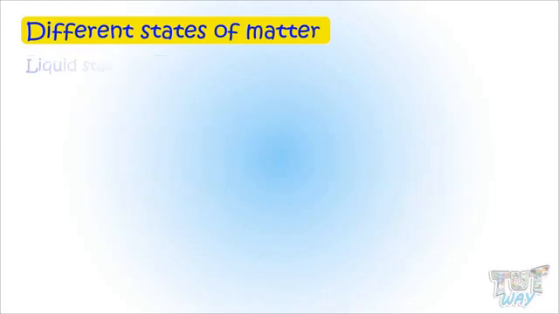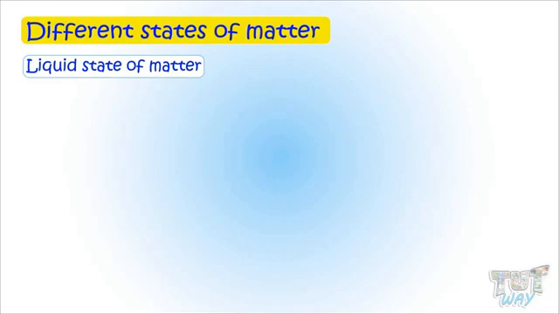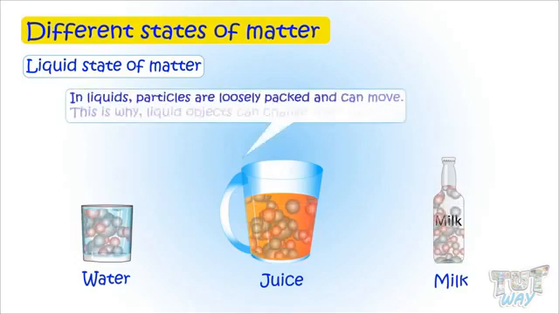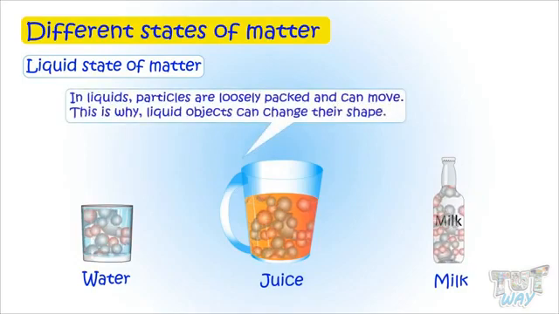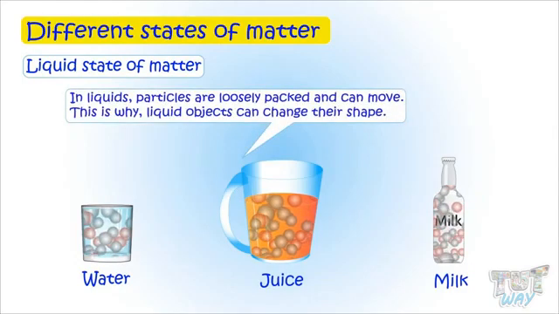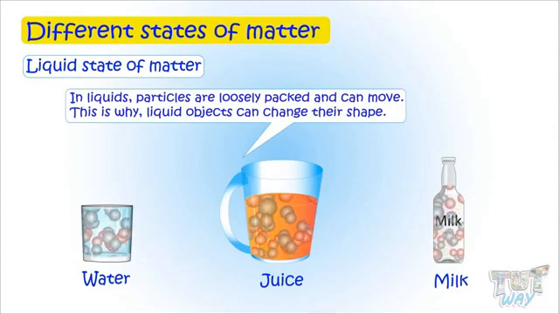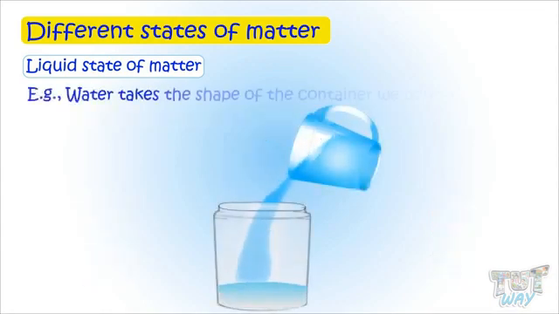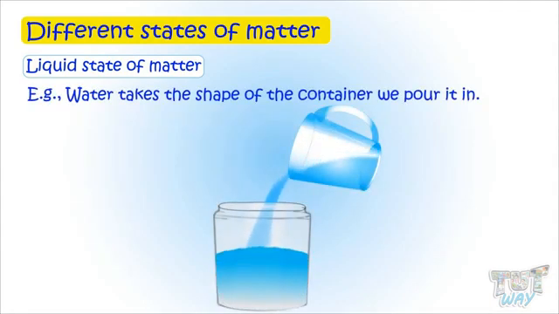Next, we have liquids. Liquid objects like water, juice, milk, or just any liquid particles are loosely packed and can move. And this is why liquid objects can change their shape. Example, water takes the shape of the container we pour it into.